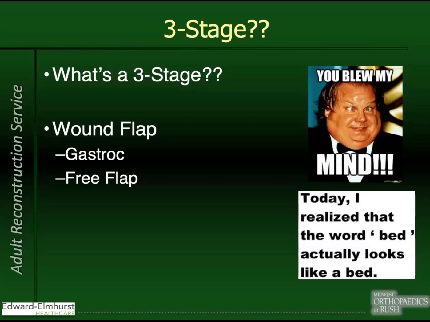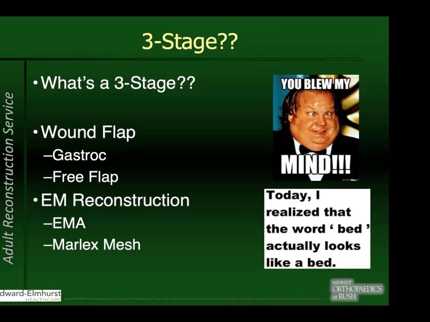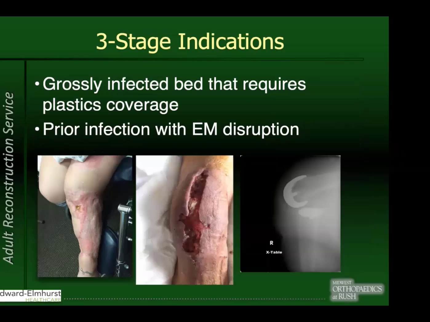But also as an indication for extensor mechanism cases that are previously infected, where we'll do a spacer, we'll replant them, and then if they prove that they don't get reinfected from the reimplant, and they don't like their function, then we'll go ahead and do an extensor mechanism allograft or a Marlex mesh secondarily as that 3rd stage. So these grossly infected beds, a lot of times we'll do that free flap or a gastroc, or if they have a prior infection and they have an extensor mechanism disruption, then I may consider doing a 3-stage procedure.